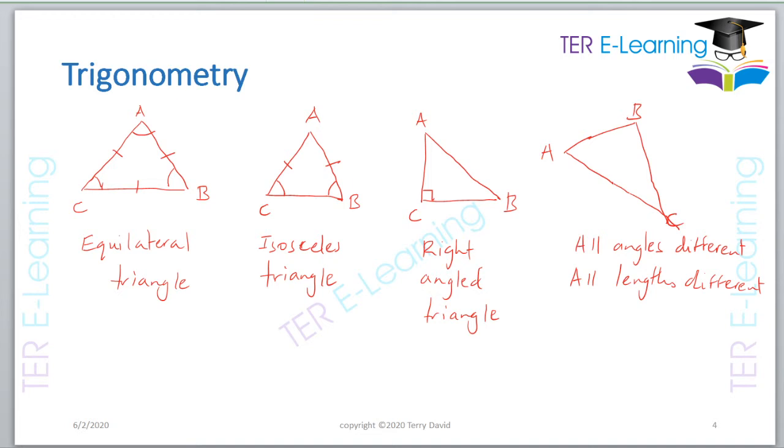Right, so Daryl is saying a scalene triangle. That is correct. So this last triangle here is called a scalene triangle.